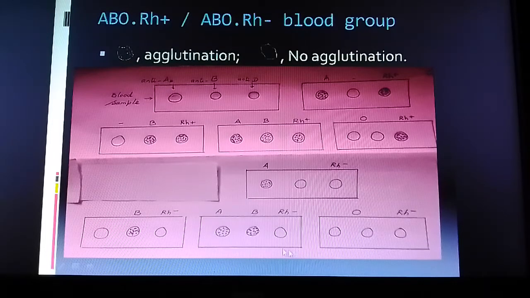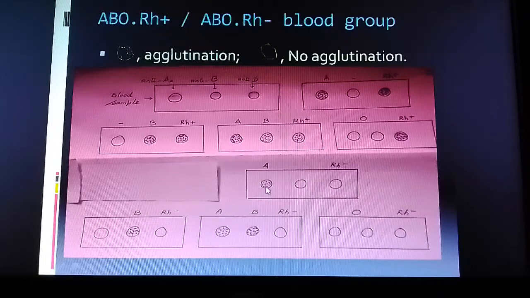And these are also the possibilities when the RH is negative: you see in these 4 slides, there is no agglutination with anti-D, and a difference with agglutination at the B and A sites.